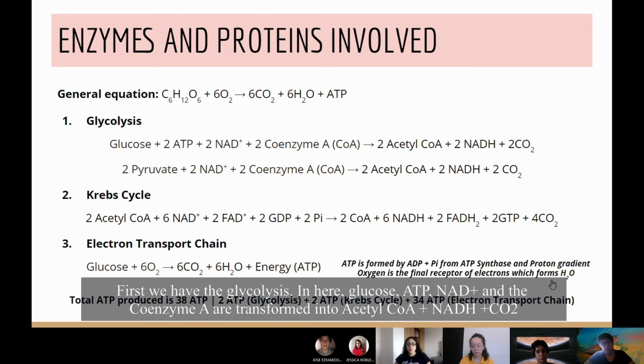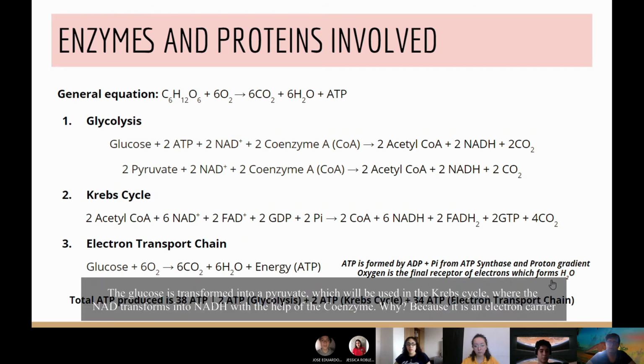Glucose, ATP, NAD, and the coenzyme A are transformed into acetyl-CoA plus NADH plus CO2. The glucose is transformed into pyruvate, which will be used in the Krebs cycle, where the NAD transforms into NADH with the help of the coenzyme. Why? Because it's an electron carrier.